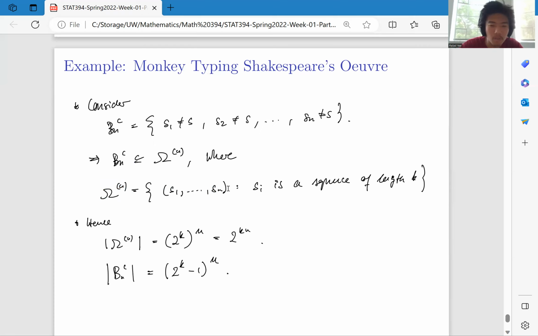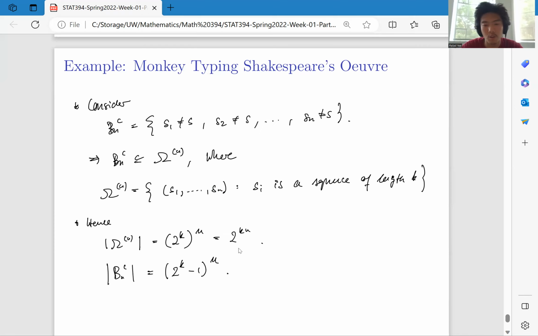Give you some minutes to think about that. The omega is all of the S1 to Sn, and they can be any permutation of that inside. So as a result, we calculate the cardinality of omega, and we can find omega n. It is equal to 2 to the k to the power of n.